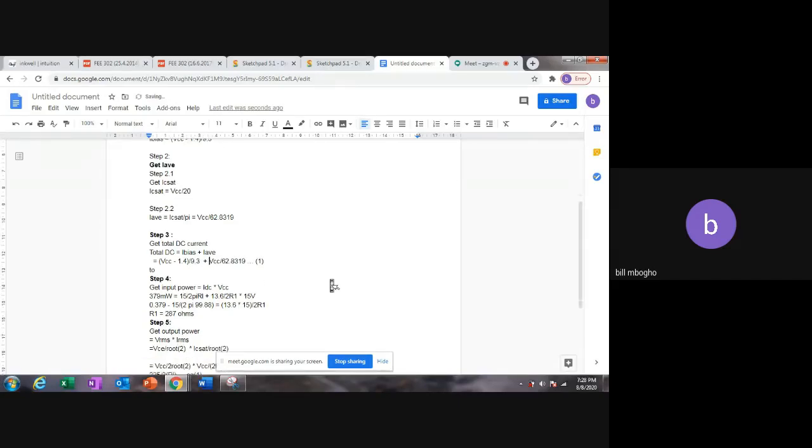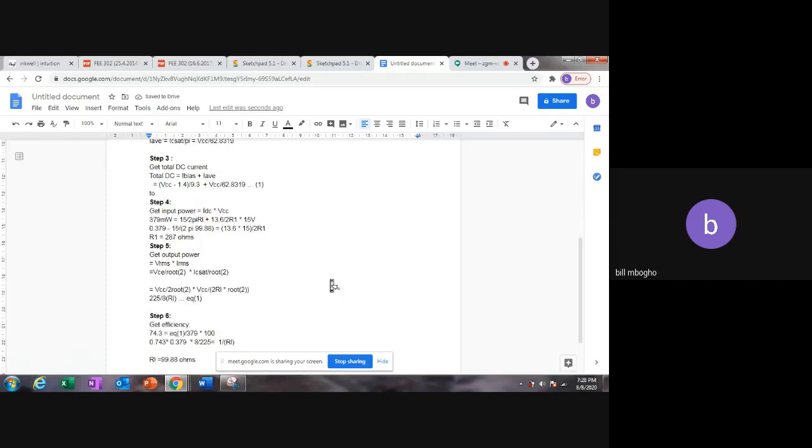The next step is to get the input power, which is this total DC current times VCC. Now you are saying it's an ugly quadratic.